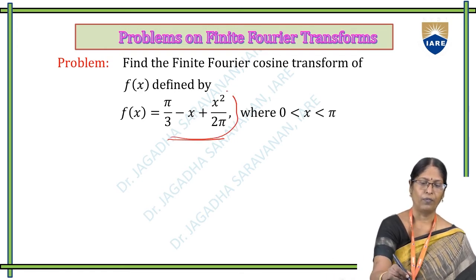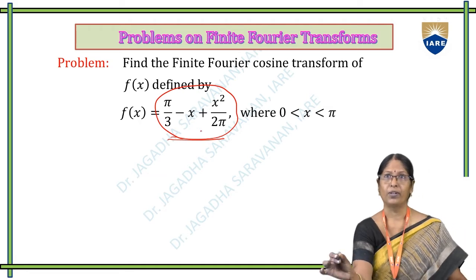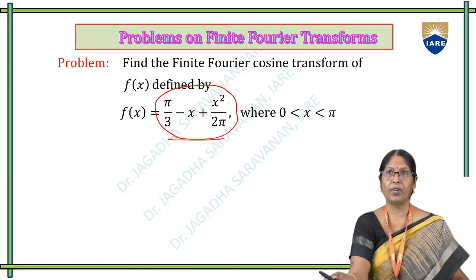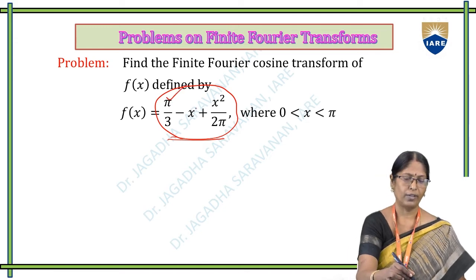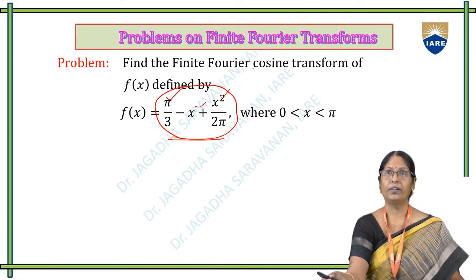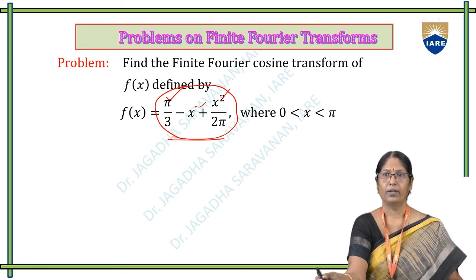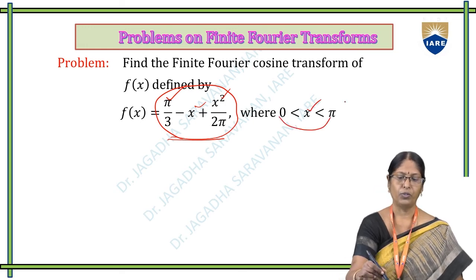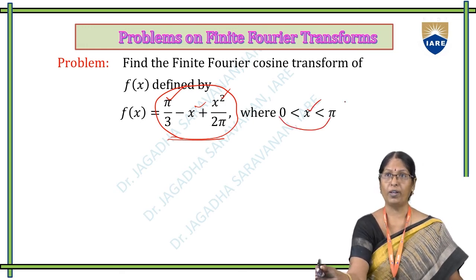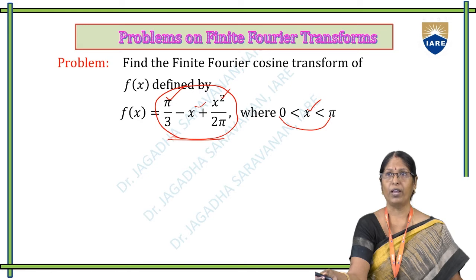Here the function has 3 terms: pi by 3 minus x plus x square by 2. One is constant, the others are in terms of x. Our x lies between 0 to pi. The formula is 0 to L. Our problem is 0 to pi. So our L is taking the value pi.